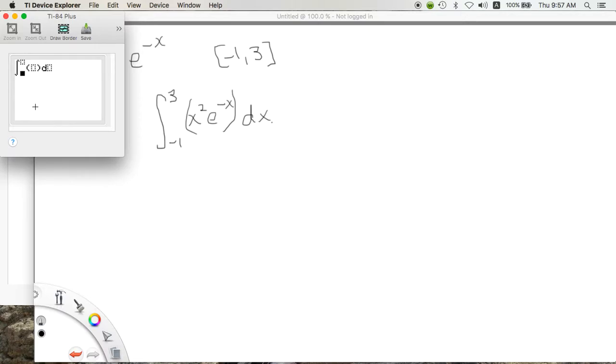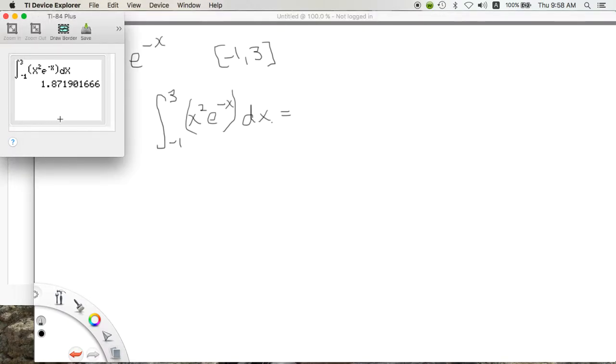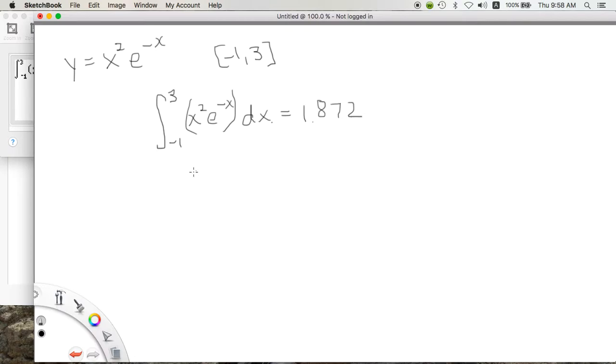And then we're putting in our limits of integration, -1, and then arrow over to 3, and arrow over again. We want x squared e to the negative x, where our variable of integration is x. So basically we just typed this into the calculator, and we hit enter, and we get 1.872 is our area there.